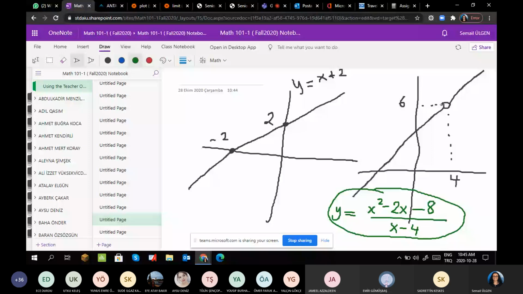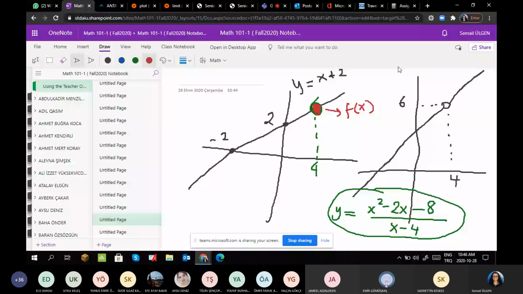And if you want the graph of f, it is the one where this is filled in, which is actually x plus 2. So at 4, if you fill this in, you get f. f of x is the whole graph here. In other words, f of x is actually x plus 2 at the end.